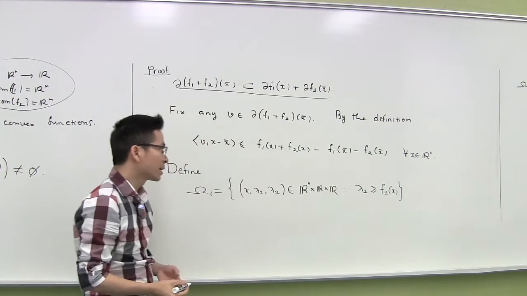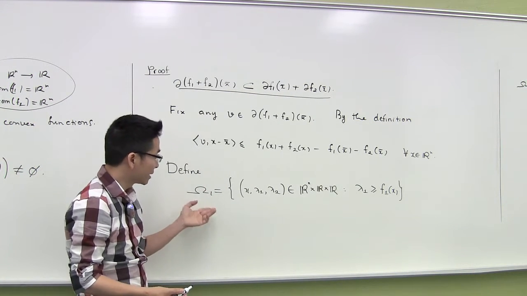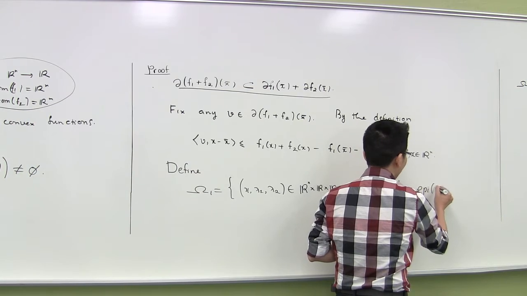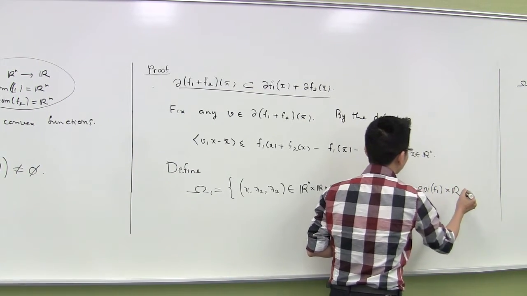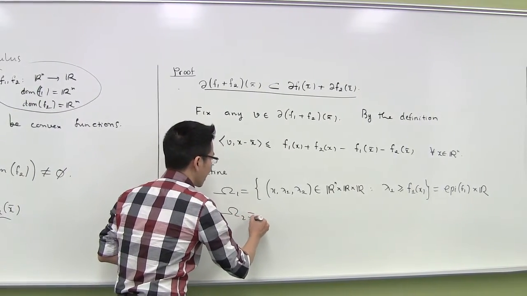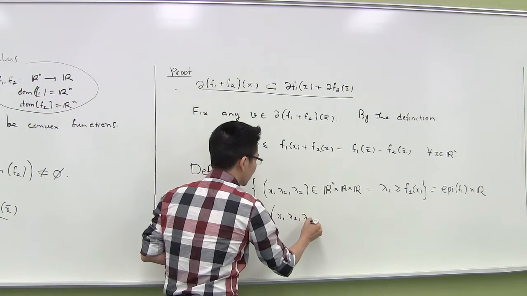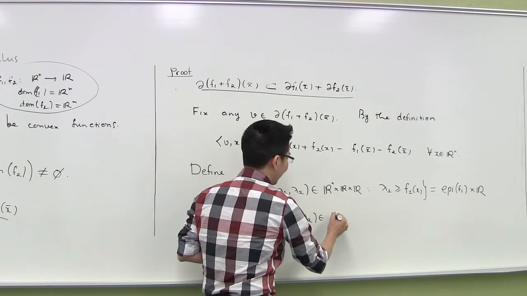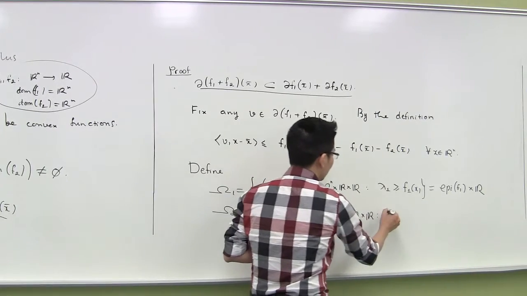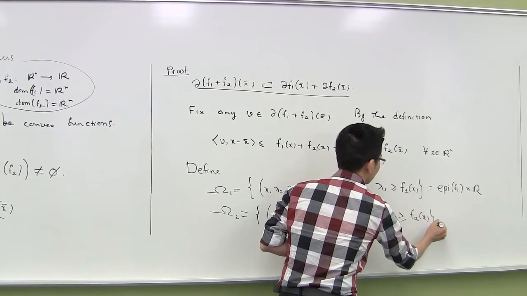If we look carefully at the definition of omega 1, we will see that omega 1 is the Cartesian product of the epigraph of f1 and R. Similarly, the set omega 2 is defined by (x, lambda 1, lambda 2) in Rn times R times R, where lambda 2 is greater than or equal to f2 of x.